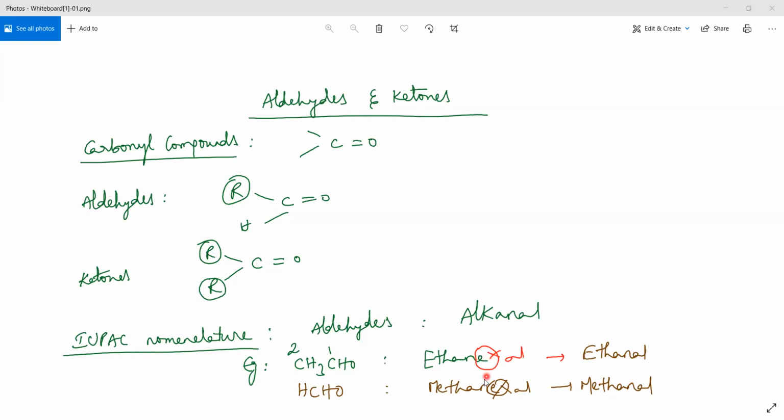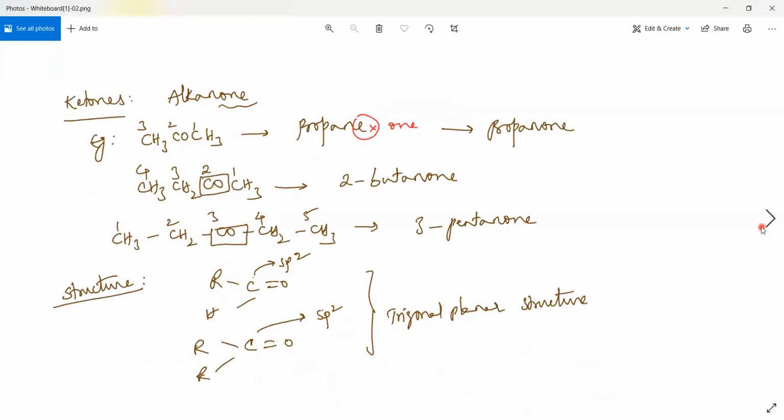Now you remove this E and introduce Al, then it will become ethanal. Here also is HCHO, only 1 carbon. 1 carbon means the parent alkane is methane. Remove E and add Al, that will become methanal.